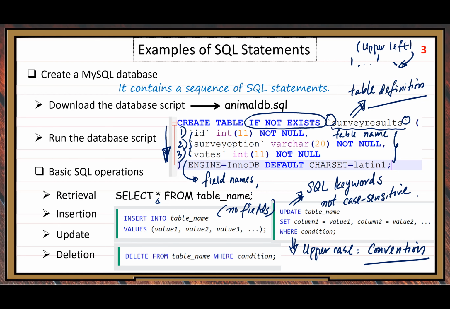There is a possibility that table names and field names could be SQL keywords. That could happen, because in SQL there are a large number of keywords. I do not know how many. You can imagine there are hundreds of keywords. Nobody can memorize most of them.